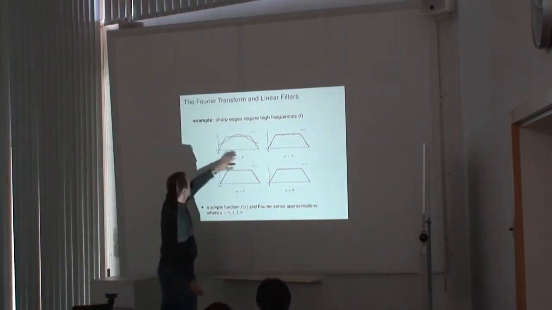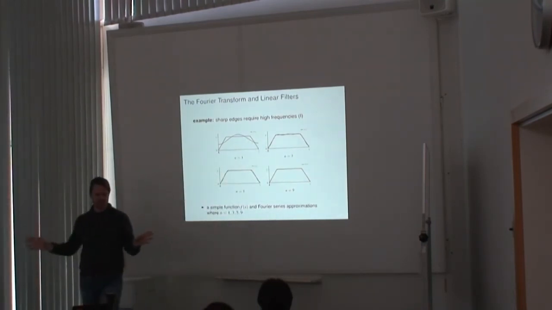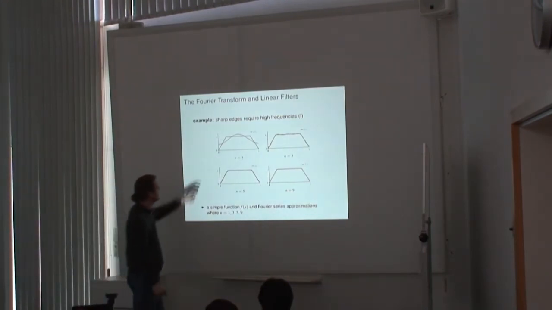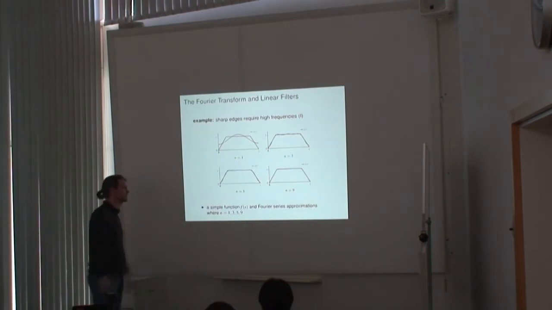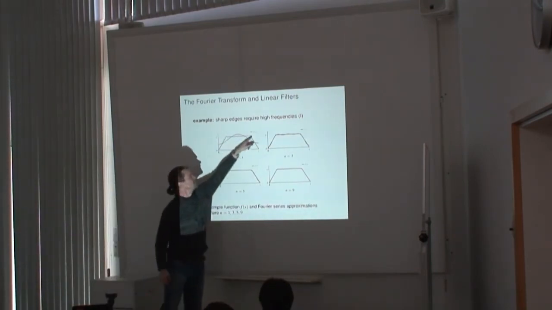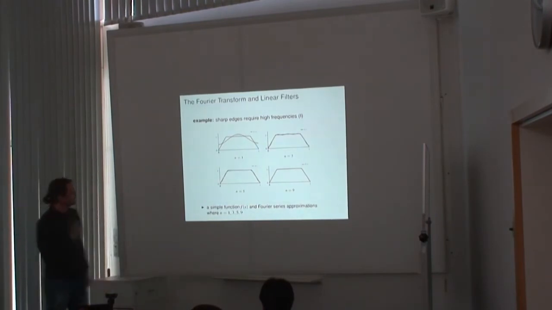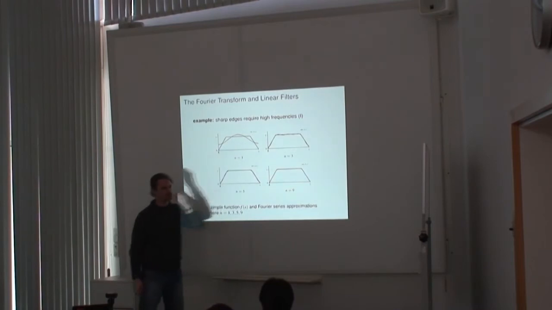It would continue in this direction and in this direction, but I'm just showing one period, from 0 to 1. The blue curve is obviously not smoothly differentiable at certain points.